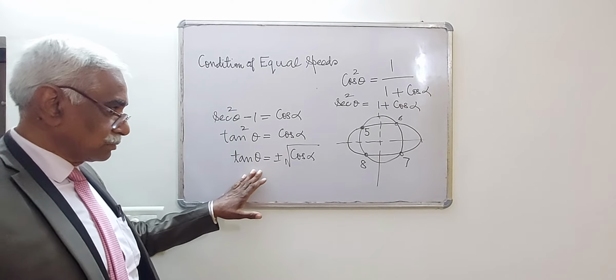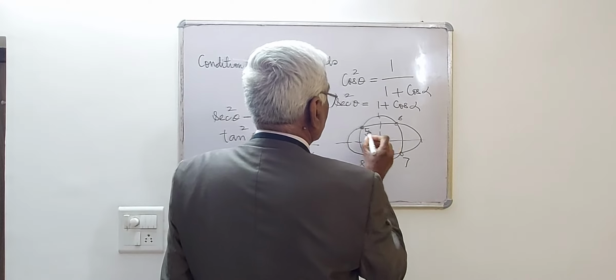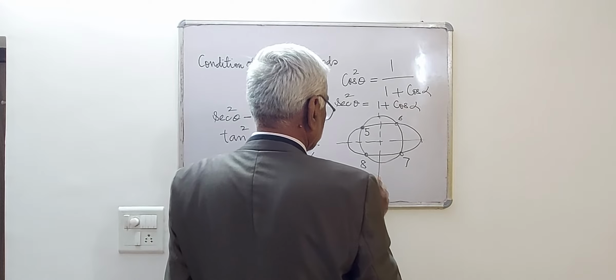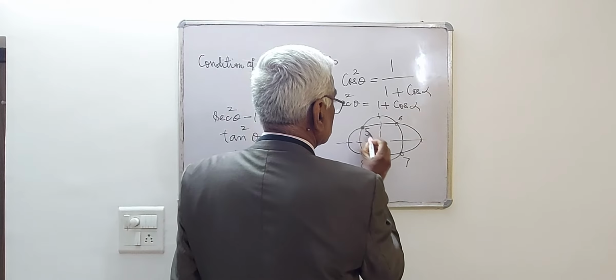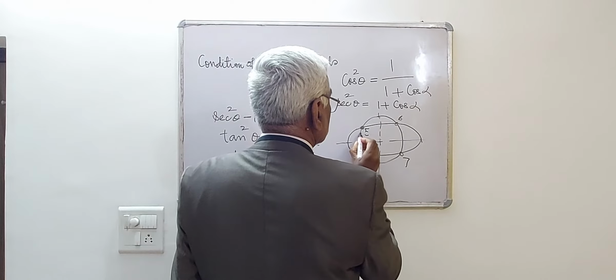At these points this condition is satisfied, meaning thereby the value of omega 1 was found to be equal to omega 2 at these points. And this angle was theta.